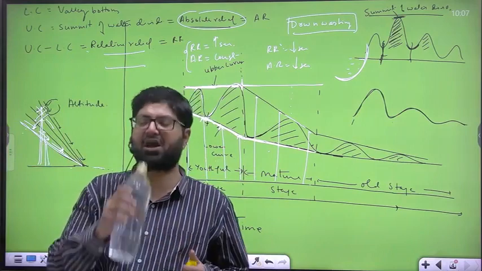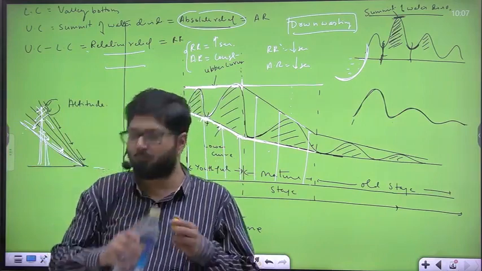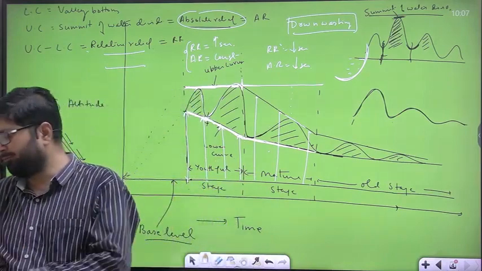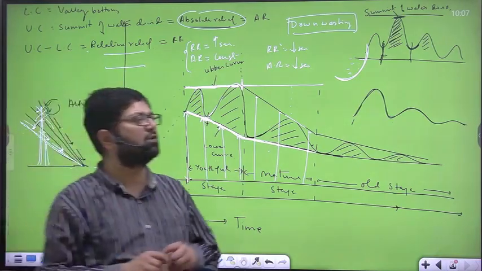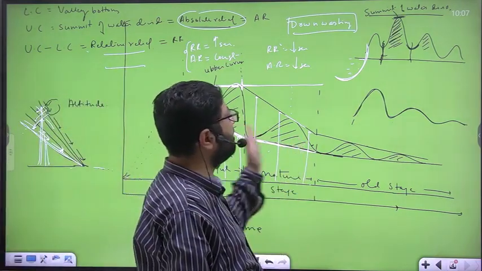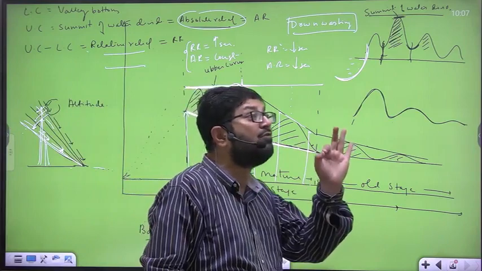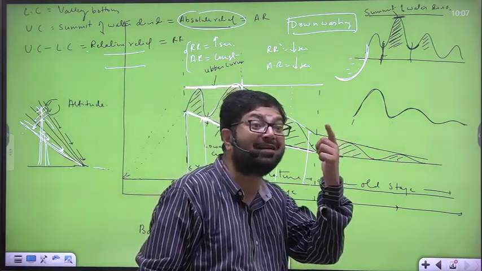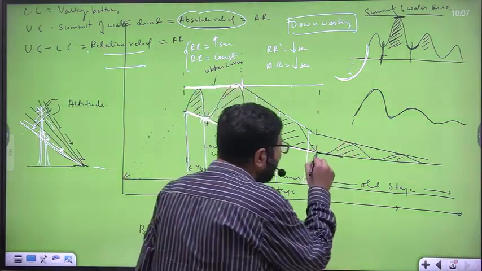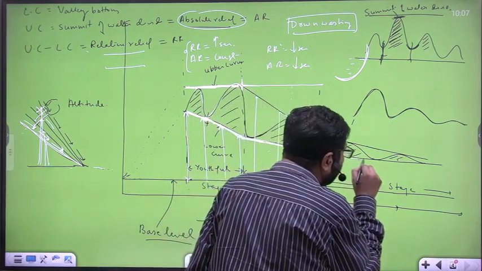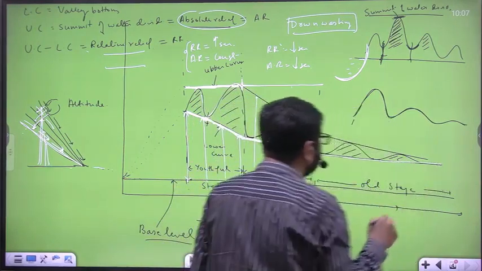Old stage. The old stage is thousands of times longer than youthful and mature combined. When will you come to know that the old stage has begun? Valley deepening stops completely. Valley incision stops.